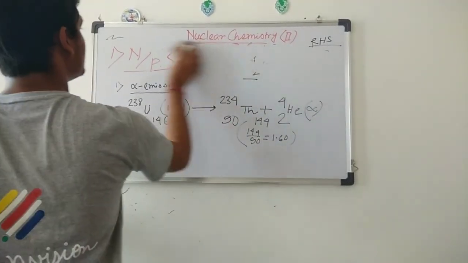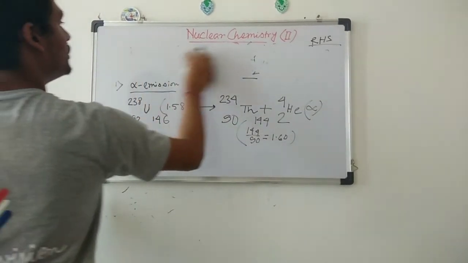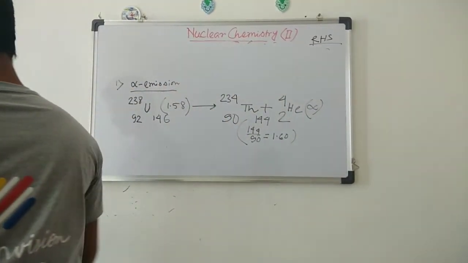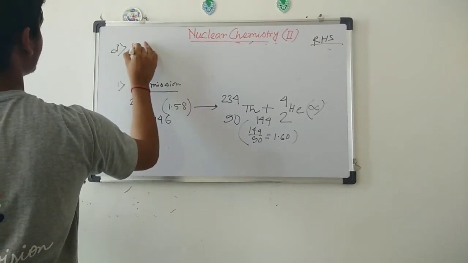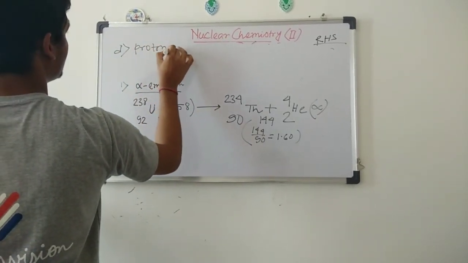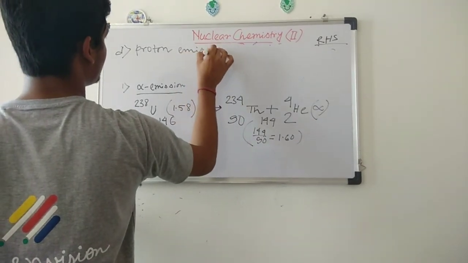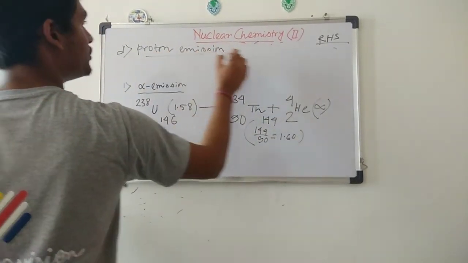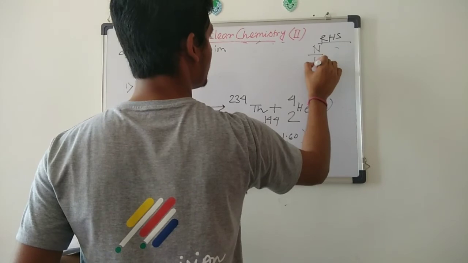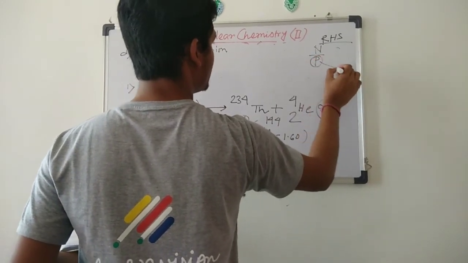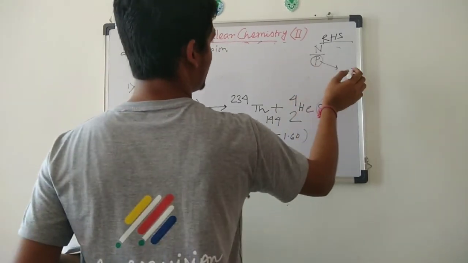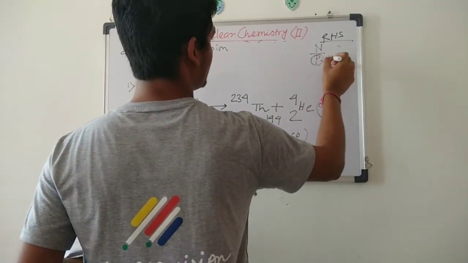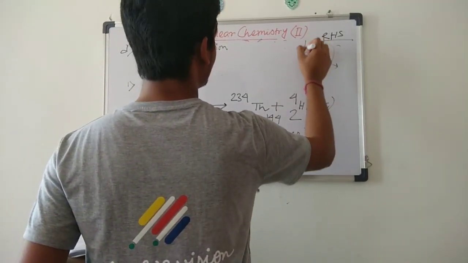One more possibility is direct proton emission. Again, you can go by the N by P ratio: if one proton is emitted directly, the N by P ratio as a whole will increase.